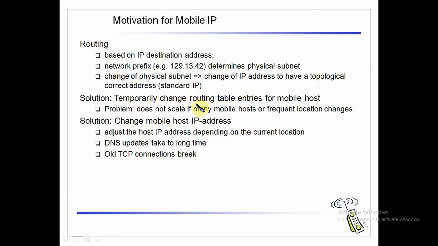A working solution is a temporary change in routing tables, with entries for the mobile host. The problem is that it does not scale with many mobile hosts and frequent location changes. Another solution is to change the mobile host's IP address, adjusting it depending on the current location.